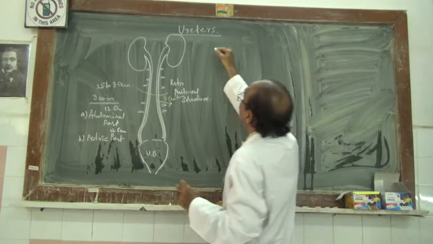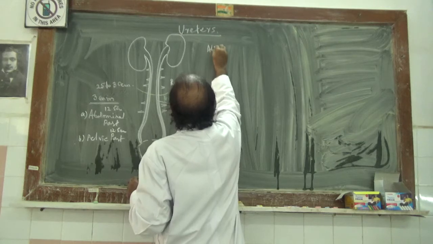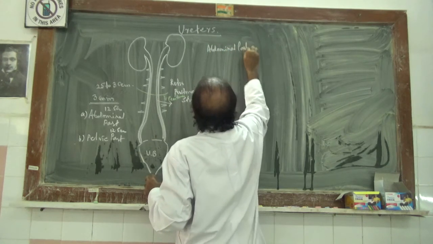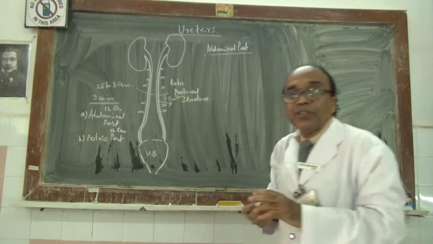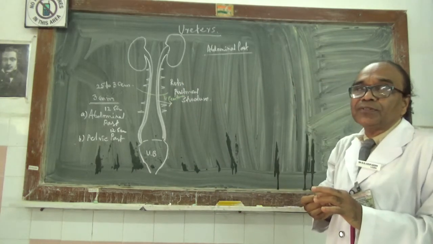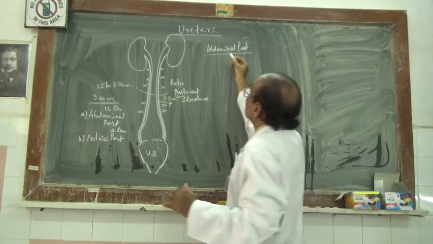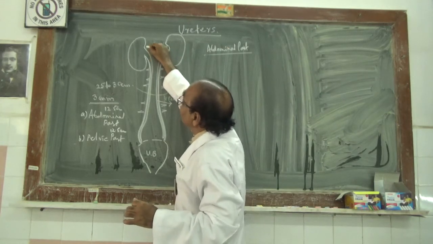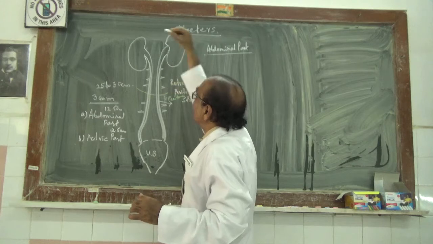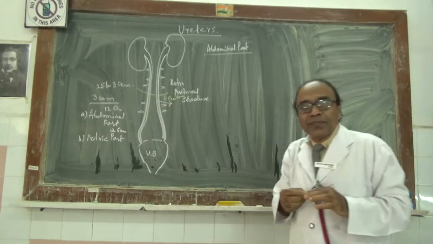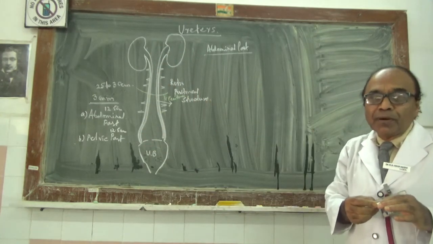Coming to the abdominal part, you should know its extension. The extension of the abdominal part of the ureter is from the hilum of a kidney or the renal pelvis up till the entry into the pelvic cavity, that is the brim of the pelvis.